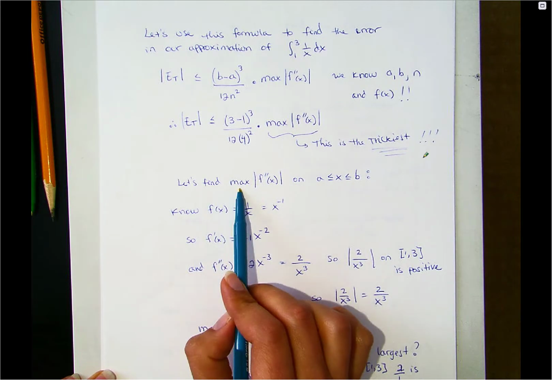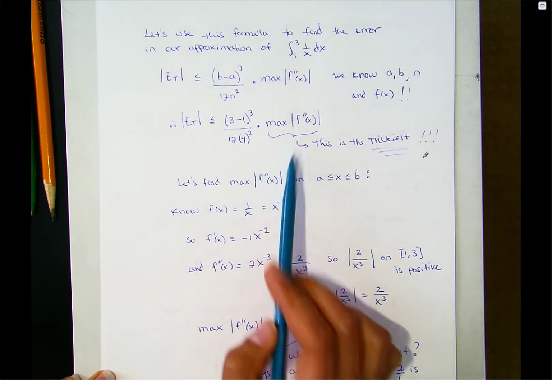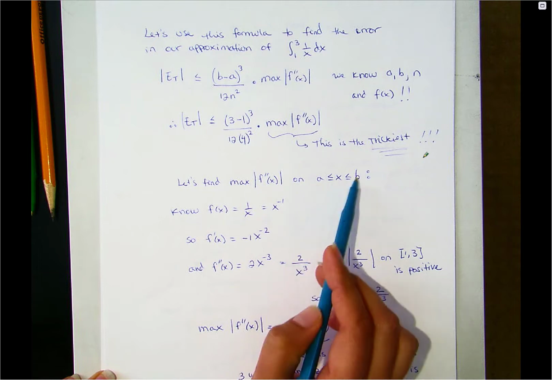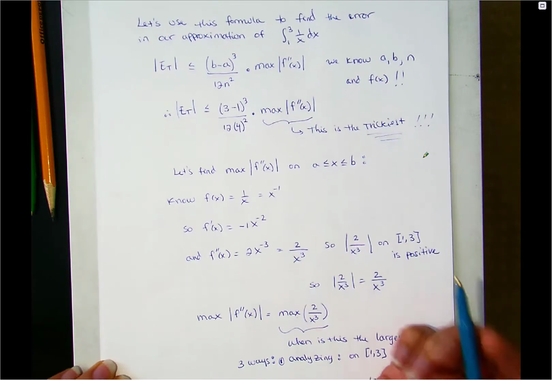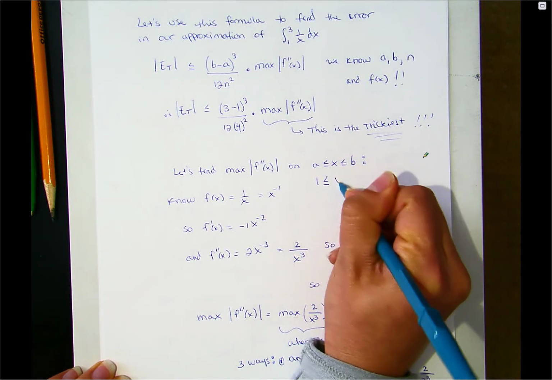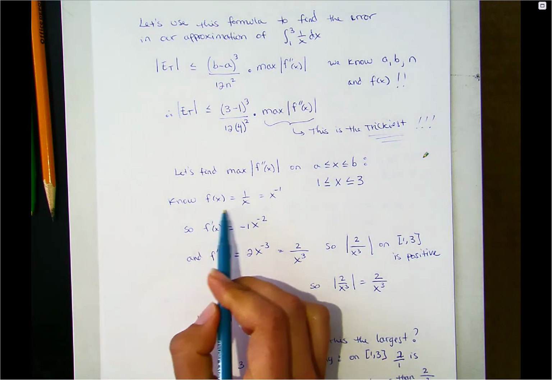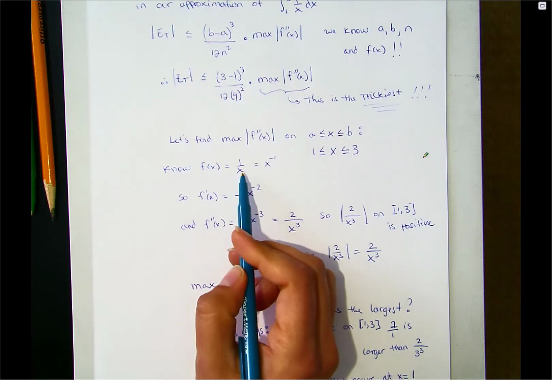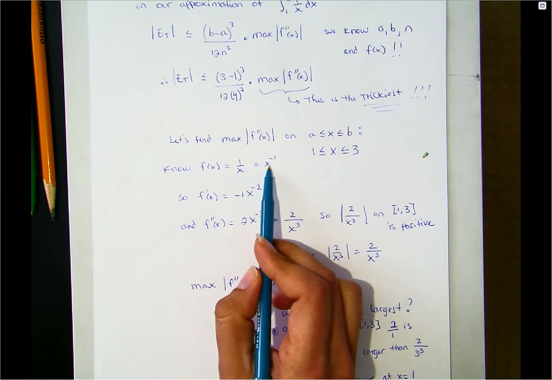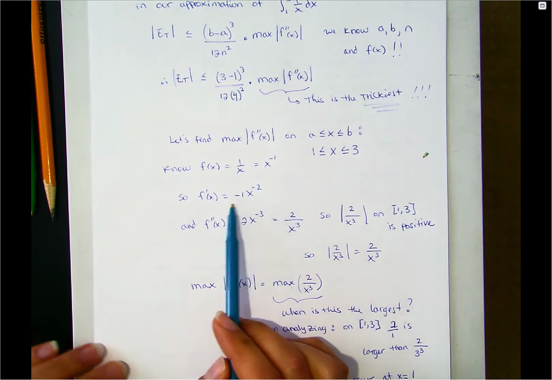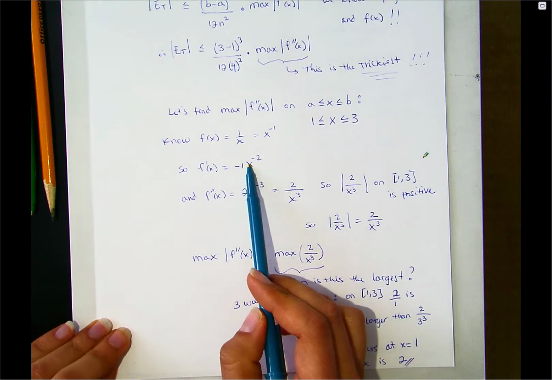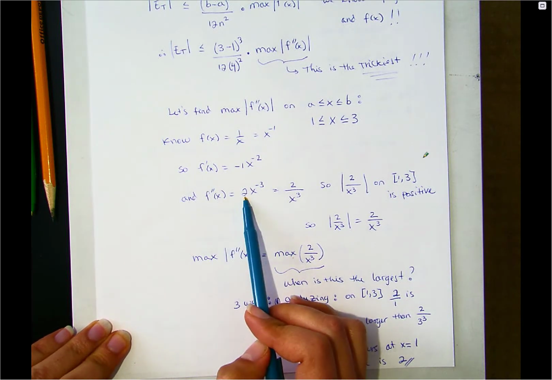So we need to find the maximum of the absolute value of the second derivative on a, b. Remember, for our particular problem, this will say 1 less than or equal to x less than or equal to 3. For this function, f of x is 1 over x. We can write it as x to the minus 1 since we need to take the derivative. Take the derivative, but we need the second derivative, so take that also.